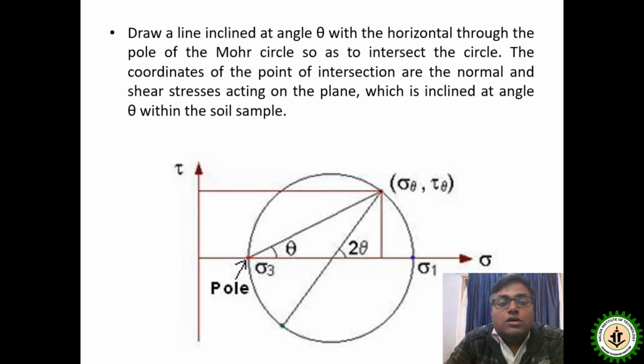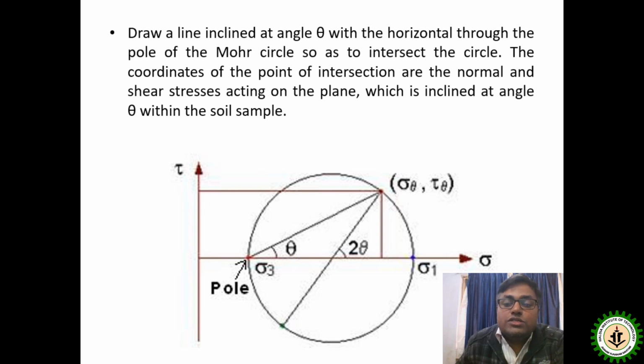So this sigma 1 and sigma 3, the major principal stress and minor principal stress, are plotted on this graph. Here you can see sigma 1, the major principal stress, and this is sigma 3, the minor principal stress. Considering these 2 points as the diameter, take a center and draw the circle.